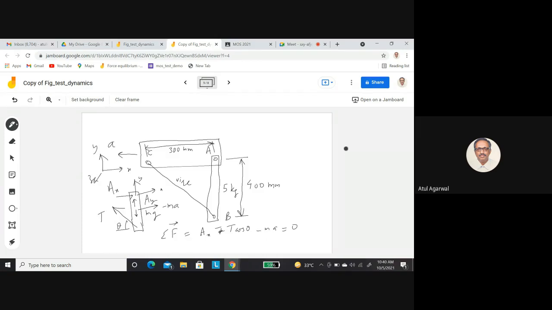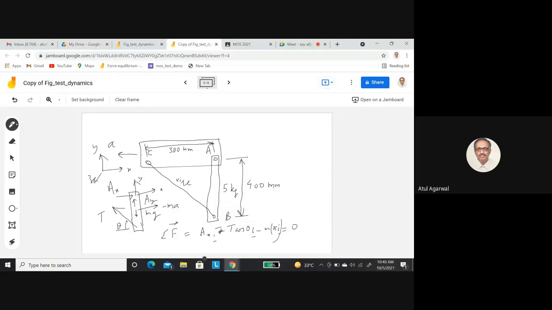This block is also accelerating, and you have to see the sign of this A. This A is negative. So minus m a will be like this, acceleration is in the minus i direction. So you have to be careful with the sign. Ax and t cos theta. Again, you see t cos theta is also minus i. Ax you have taken in the positive direction. So then it is all right.